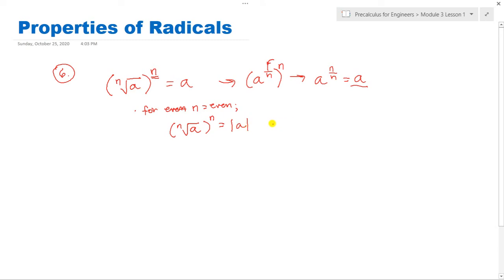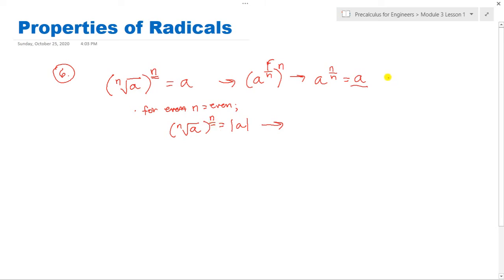Kasi, ina-absolute ito dahil you are going to take the root of an exponent raised to the power of n. Parang, ni-raise mo siya to the power of n. And since n is an even number, therefore, the resulting answer would always be positive.